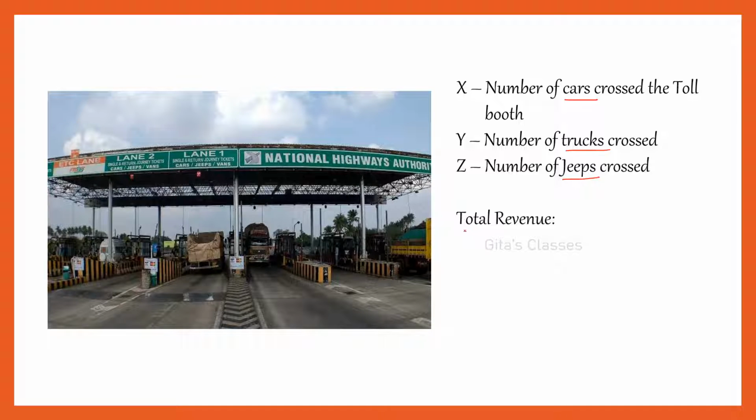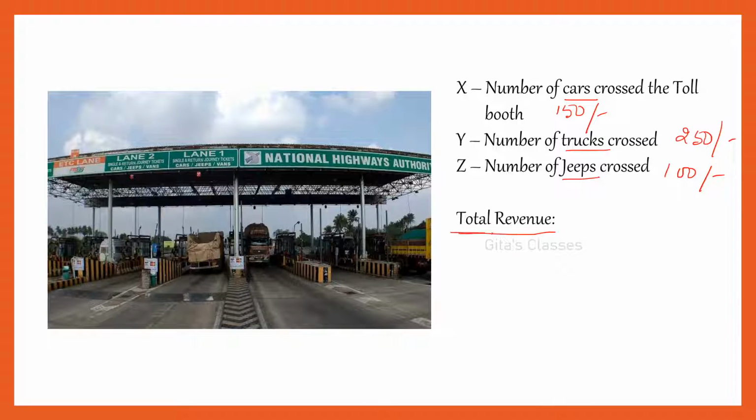Okay. So if I want to evaluate the total revenue collected on a particular day in this booth, what will you do? Actually, for every car we may charge around 150 rupees, assume that, and for trucks around 250 rupees, and for jeeps 100 rupees. Then what will you do?